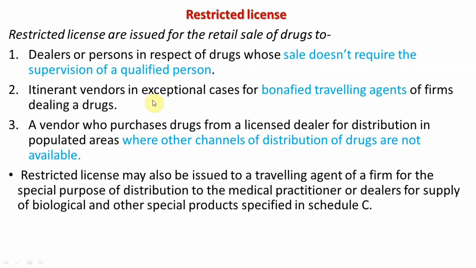Then vendors in exceptional cases for bona fide traveling agents of firms dealing in drugs. The vendor purchases drugs from a licensed dealer for distribution in populated areas where other channels of distribution of drugs are not available.